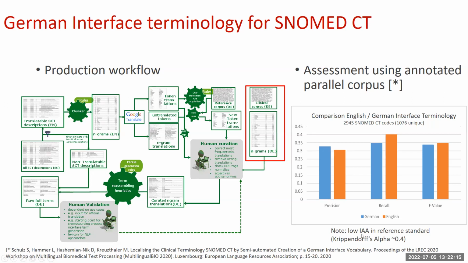we have a very low inter-annotator agreement in the reference standard, so that there were really lots of disagreements between the annotators, and this agreement was not different between SNOMED and SNOMED-free UMLS extract, which we used as a benchmark.